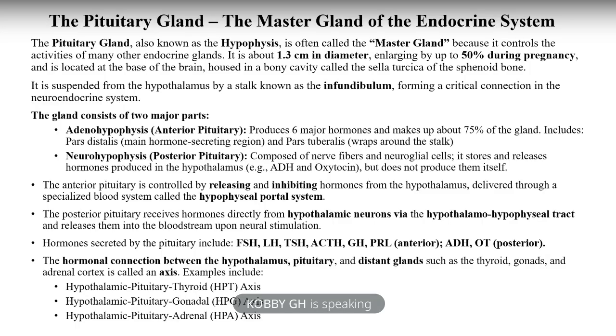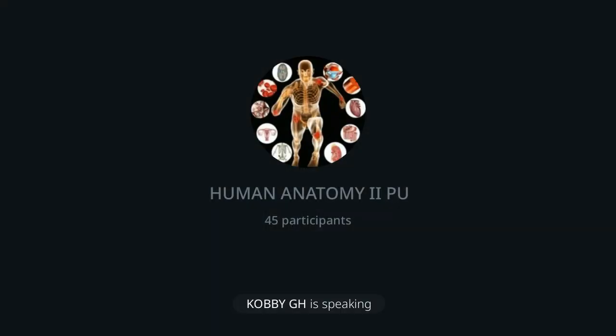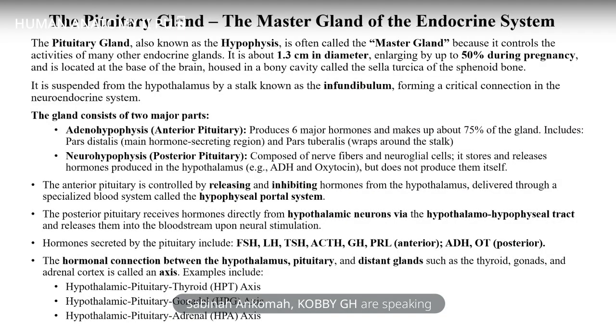Okay, so I can ask you a question: another name for the anterior pituitary is the adenohypophysis gland. Explain. What will be your answer?